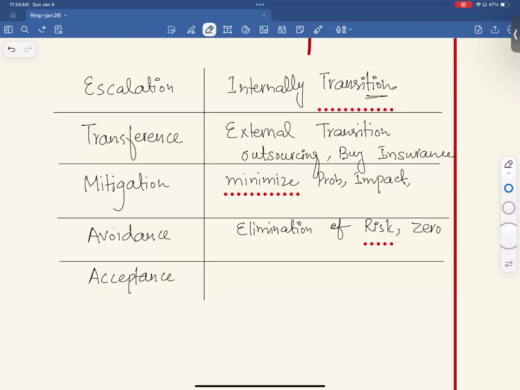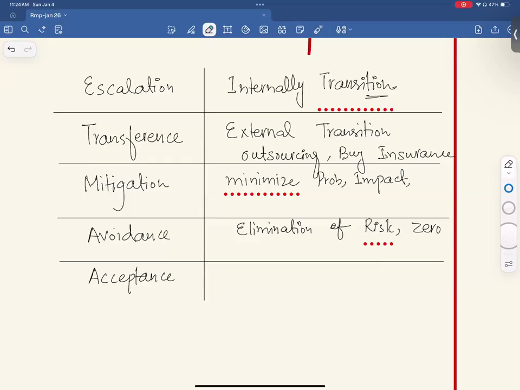Anybody else? Any other example of avoidance? So avoidance is, for example, I need to go to a certain place to purchase something, and there is a high risk of accident, and I can purchase that thing online so that I can avoid the accident, and I am also fulfilling my purpose of going to that place.